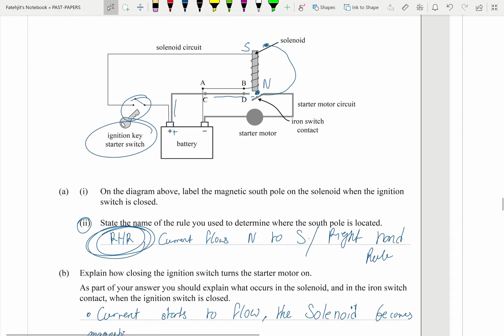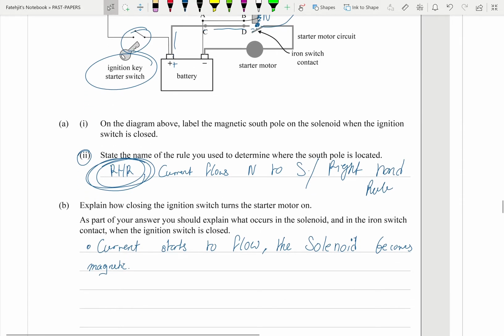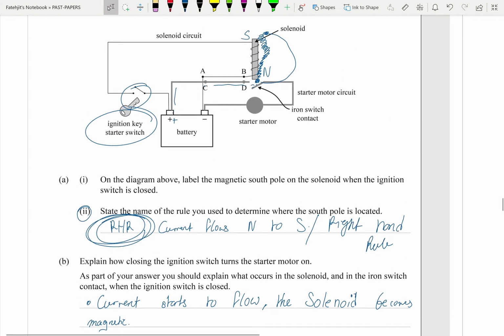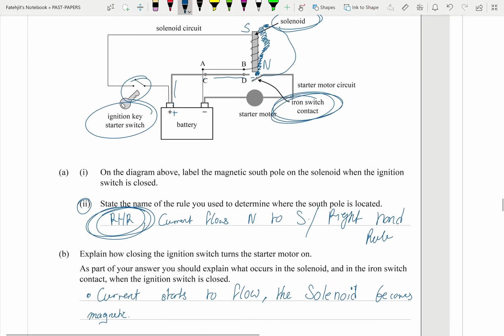Whenever current flows, a magnetic field is produced, and that's the rule. So when the current flows, there will be a magnetic field produced in this solenoid, and therefore it will become magnetized. And as it becomes magnetized, we know that magnets attract the iron. Therefore, the magnetic solenoid, due to the flow of current, will attract the iron switch.